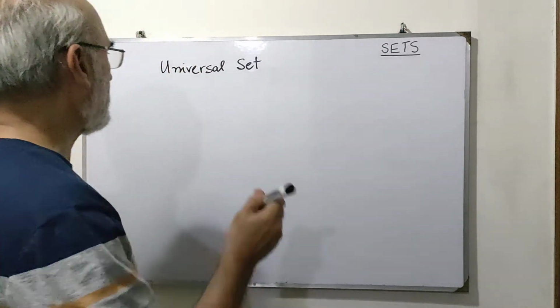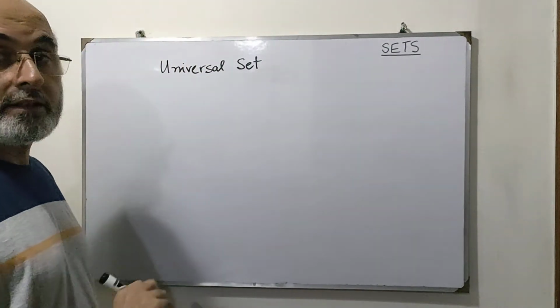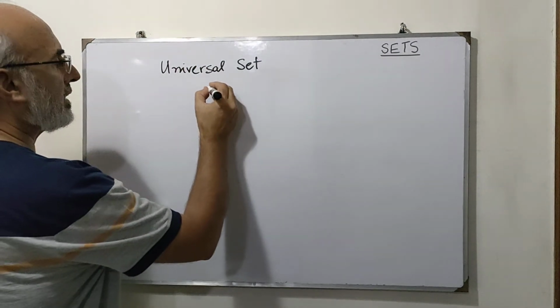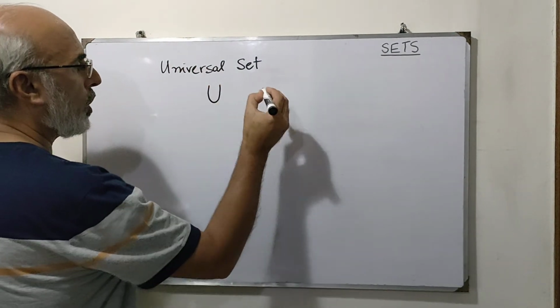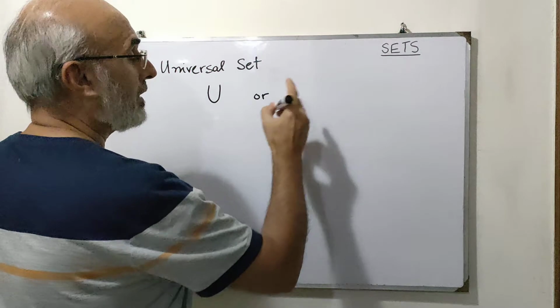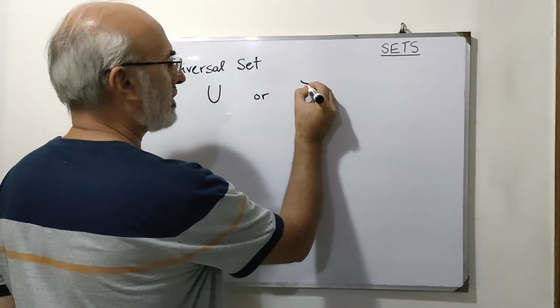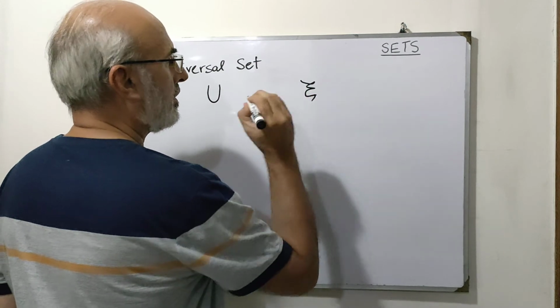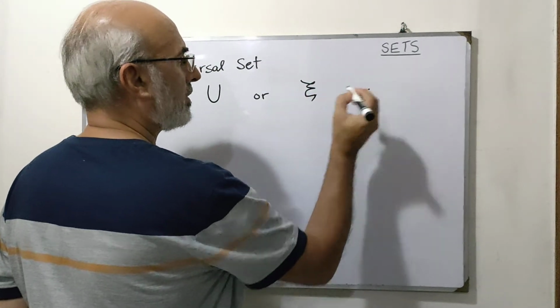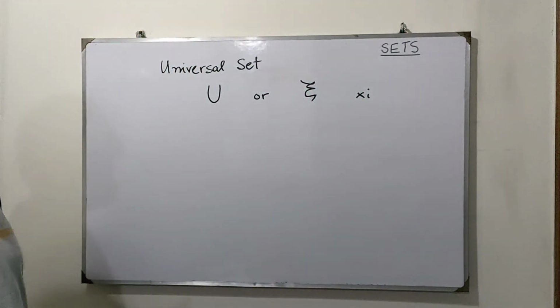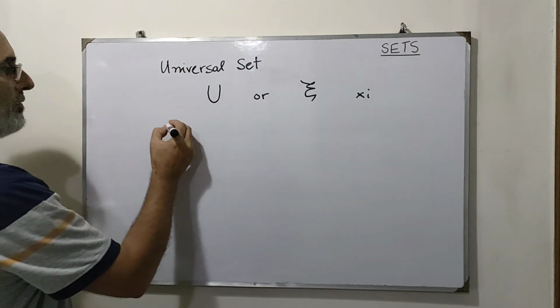Like if I say, and this universal set is represented with U or Z. It's like this, Z. Okay, universal set.